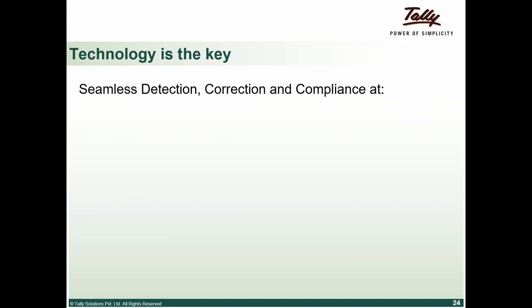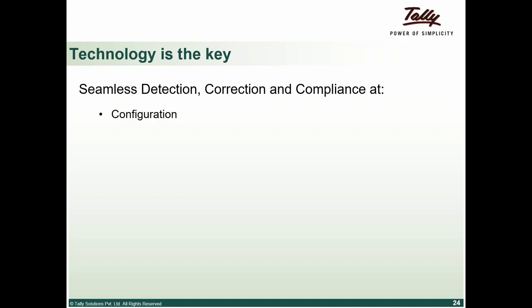Technology plays a role. We were talking about technology being the key. So what should be the technology system or software which would help? I'm talking from an overall technology perspective, right? Any technology should help GST dealers in seamlessly detecting, correcting, and ensuring compliance at various stages.